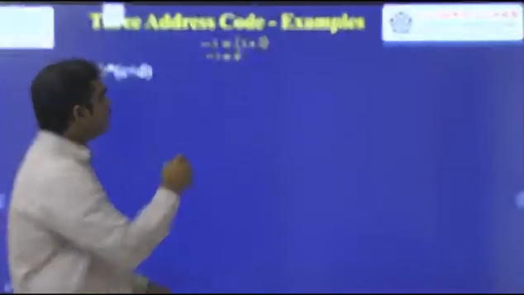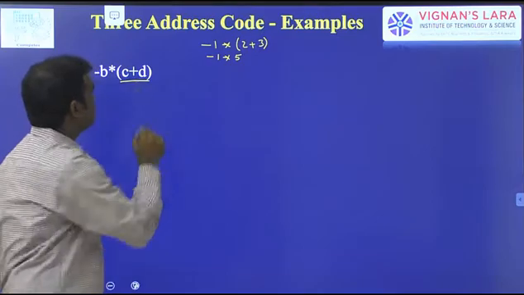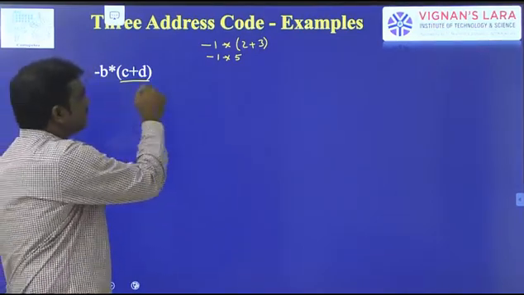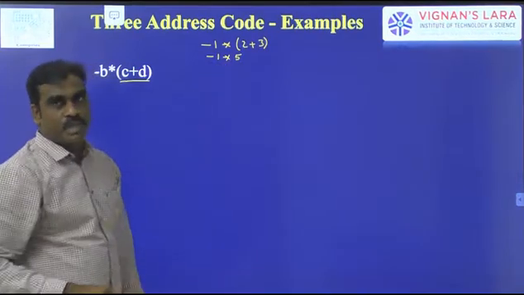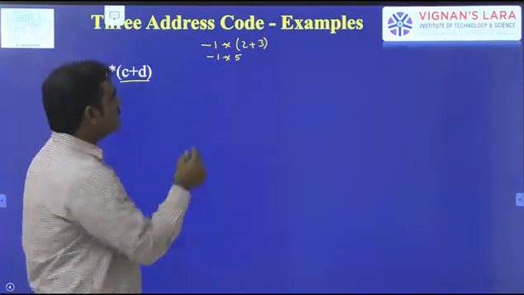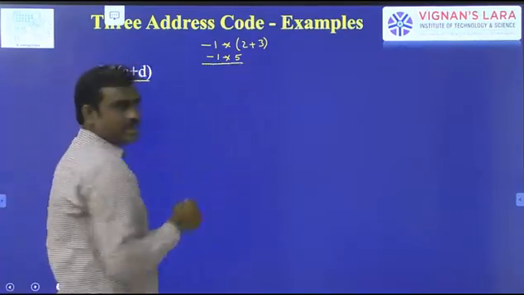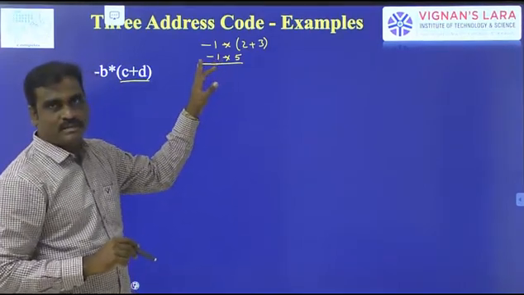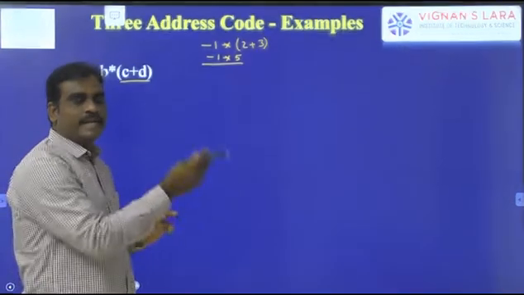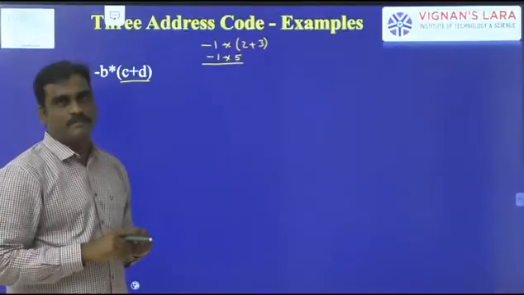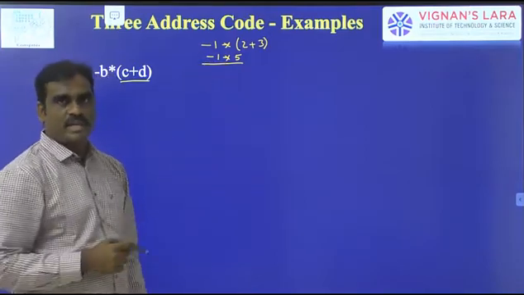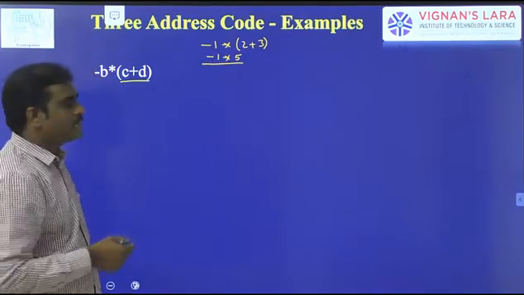So first we have to compute C plus D, and then minus B star that value. Again, one more thing: it is not in 3_ form because here we have 2 operators. In 3_ form, the right-hand side has only 1 operator. So this will be converted into 3_ form. How will it be converted?